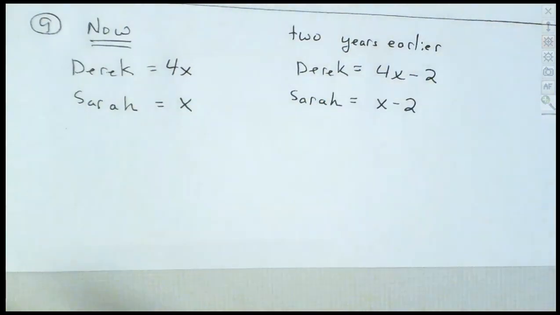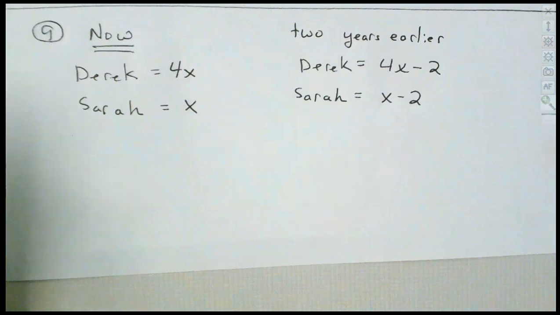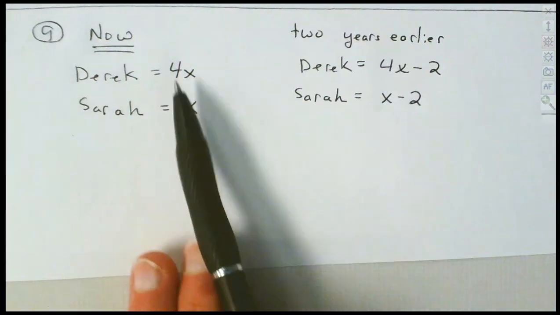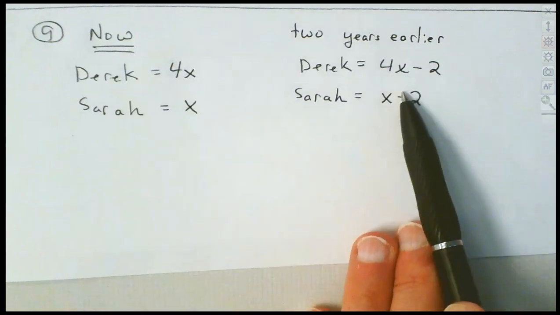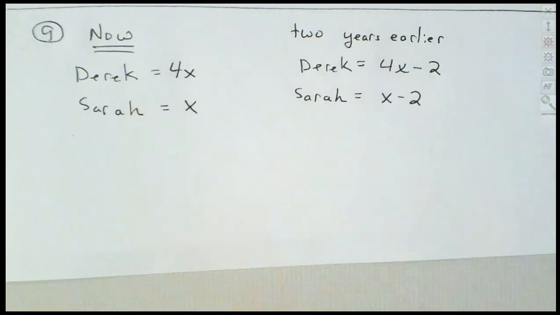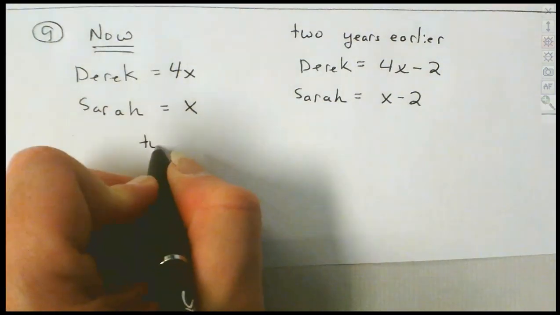Because they're just 2 years younger. And so that's how we have to make them relate. This is how old they are now, how they relate to each other right now. This is 2 years earlier. Now we know 2 years ago, they summed to be 36. So this is 2 years ago.